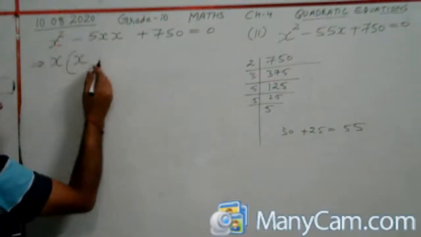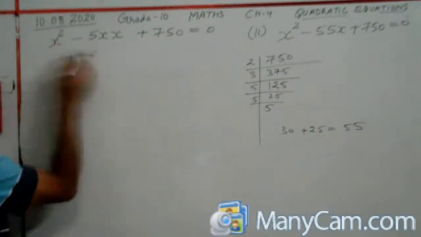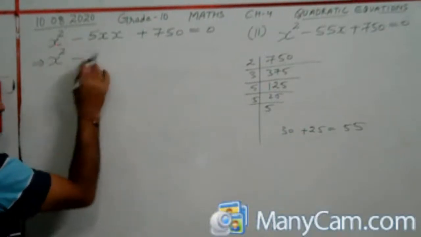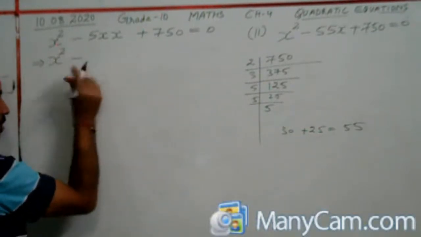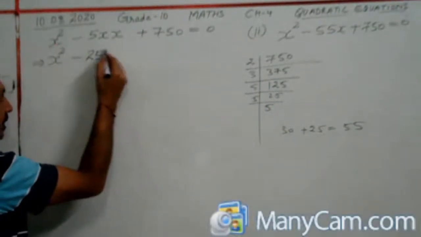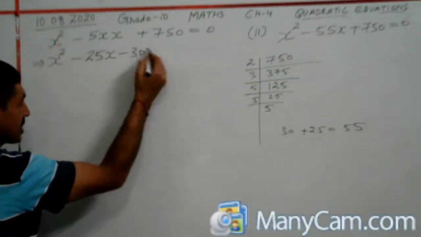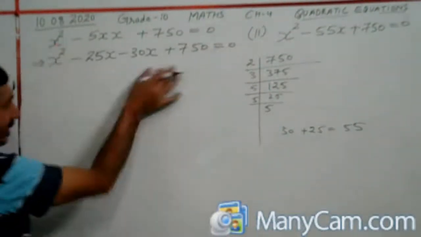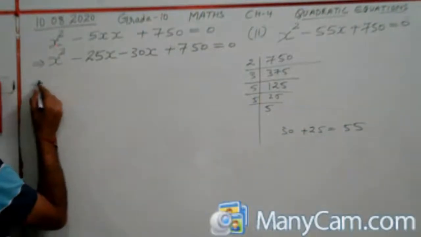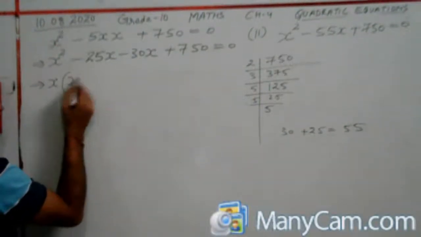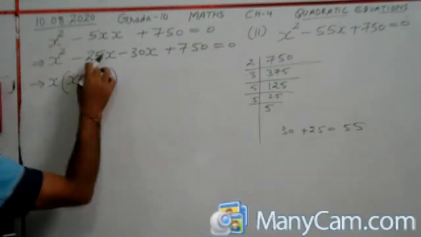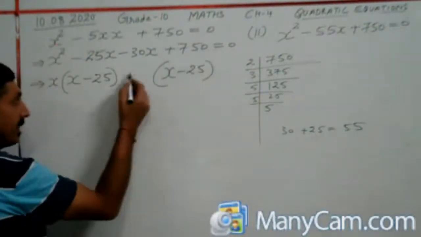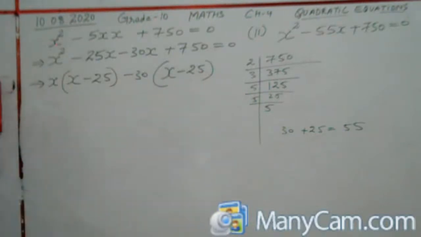x into, so here first split into parts. You can write any way, like minus 25, 30, whatever you want. Minus 25x minus 30x. You can write in any way. Then here you have to go for x minus 25, but here minus 30, right?